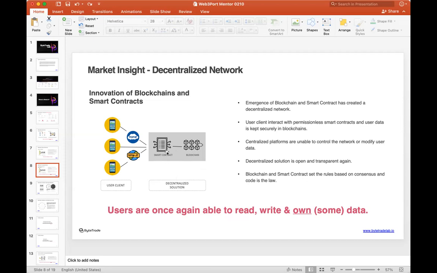This new decentralized solution enabled internet users to regain their data, and no centralized party would be able to control users' data. So this is actually a major breakthrough point in internet history, I would say.